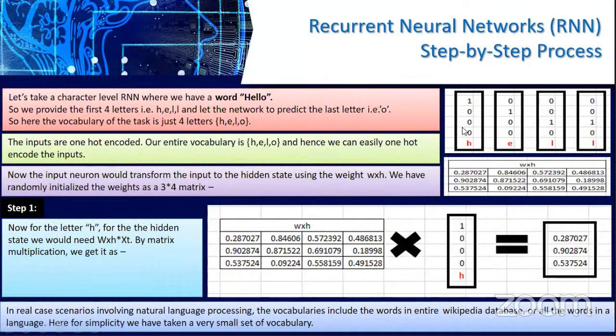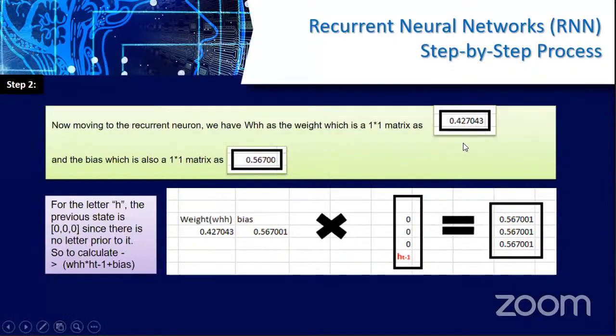Now, the concept of the recurrent neuron says that anytime you get an input character, you are associating your learning from the previous. So now H is the input character that is being provided, and you would like to associate it with the previous character. But there's no previous character with which you have learned, right? Because this becomes the first character here. So when H is being provided, since there is no previous state here, we will take the same equation and substitute, right?